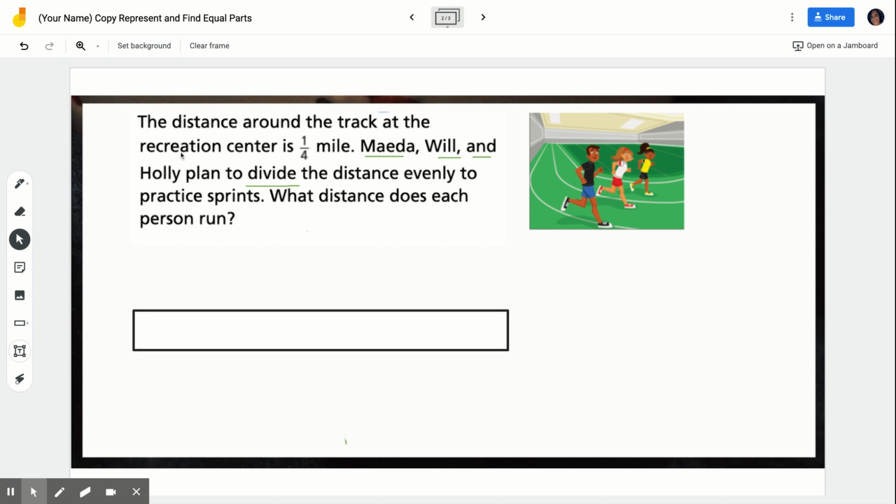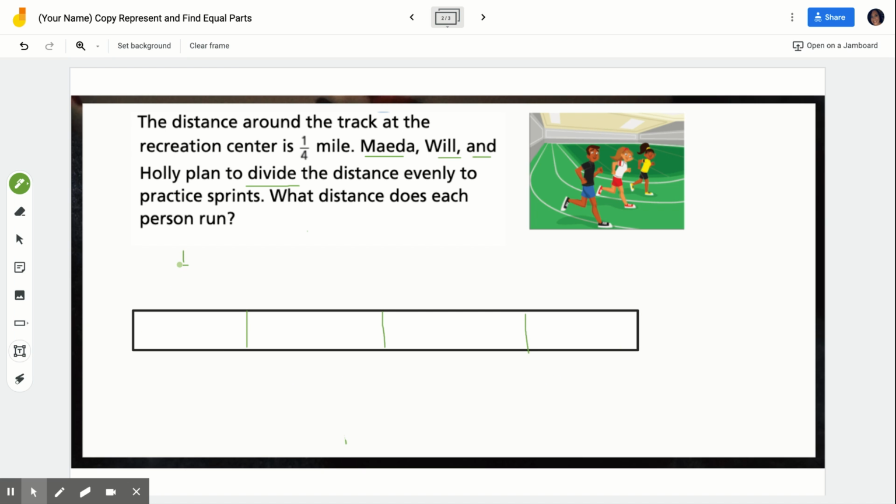So we know that they are sharing 1/4 of a mile. So the first thing I need to do, I'm going to make this even bigger so I don't have to squeeze my writing. So if this represents 1 whole mile, I'm going to break this fraction into fourths here. Okay, so this represents 1 whole mile.